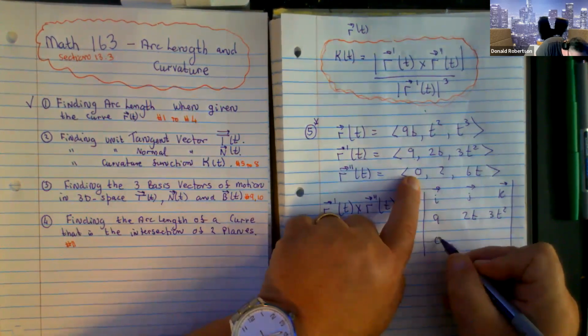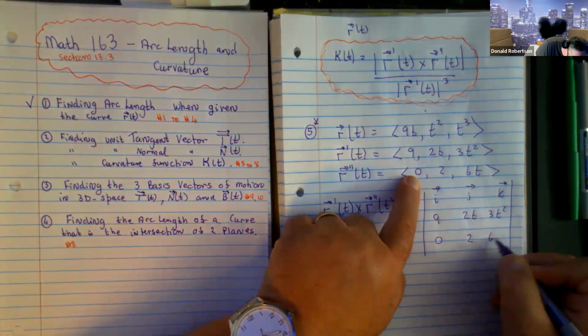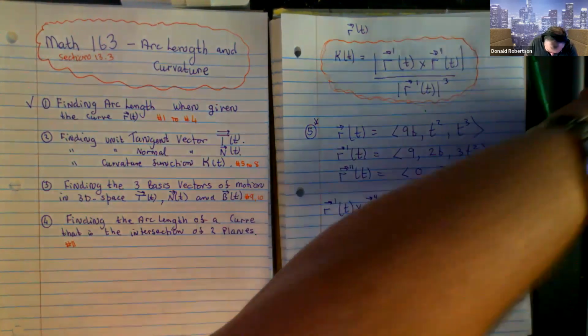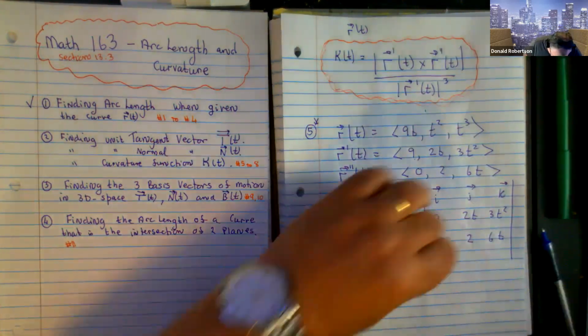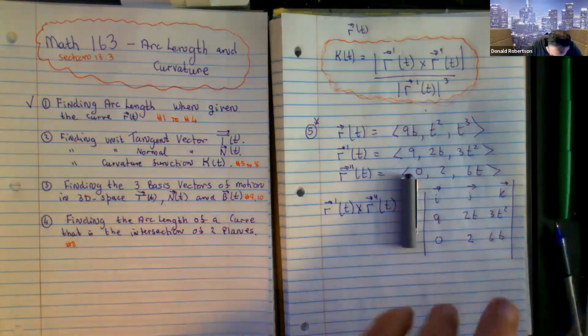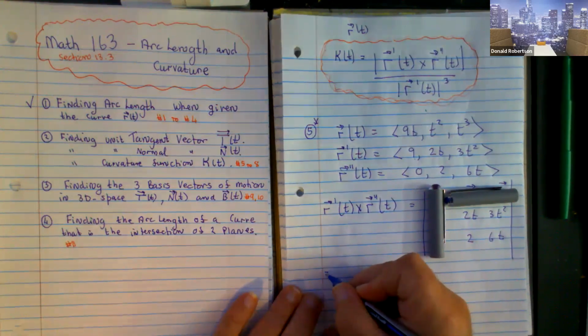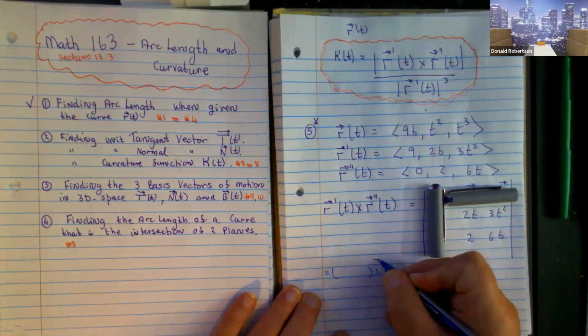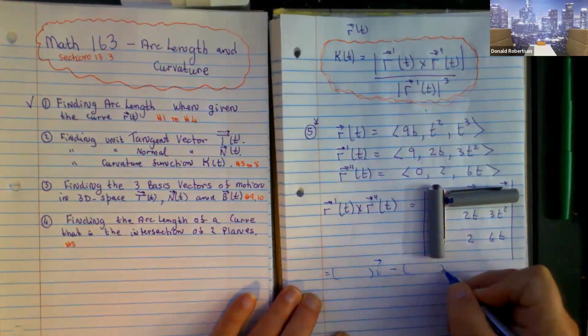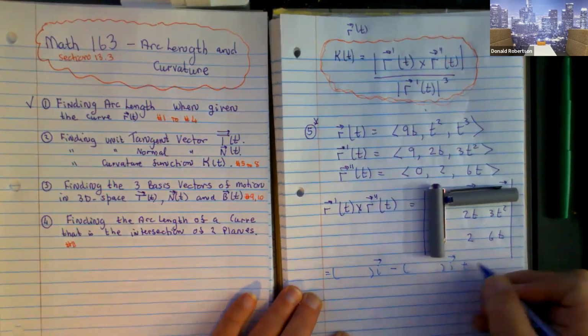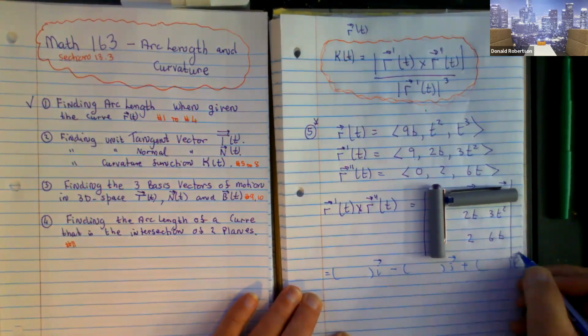And the second derivative is 0, 2, 6t. So if I cover up, our answer is going to be so many i's, take away so many j's, plus so many k's.